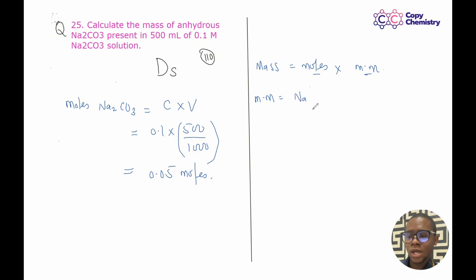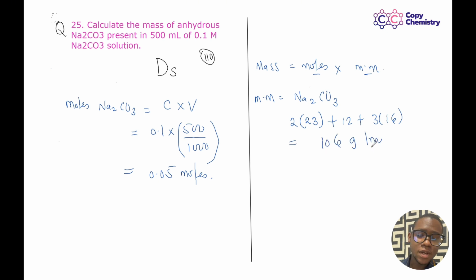We're looking for Na2CO3, so that's 2 multiplied by Na, which is about 23. Now these numbers will be given to you in your class, and you use whatever you're given, okay? These are just approximate values, and then I have 106 grams per mole there.